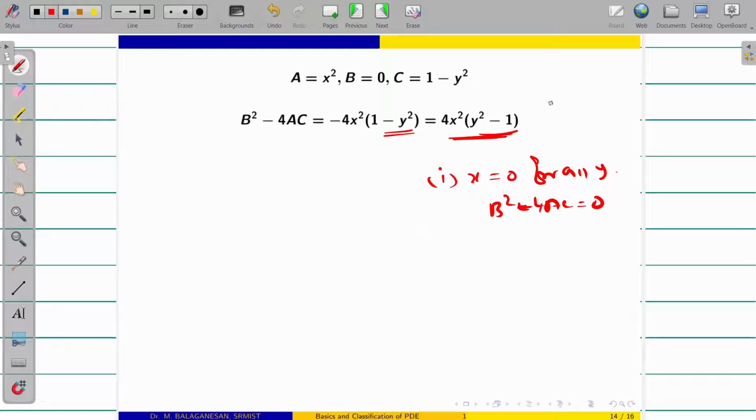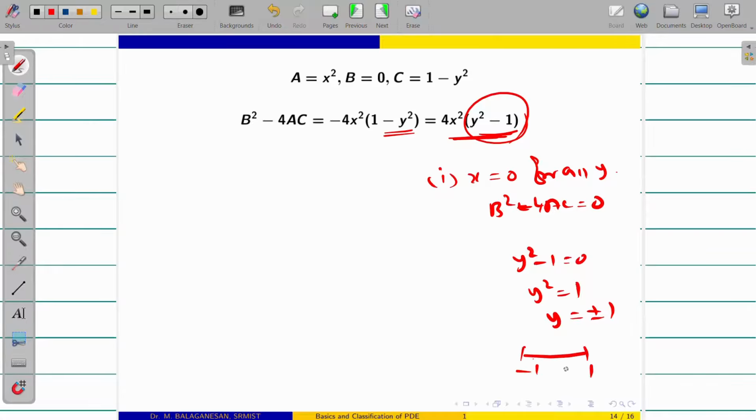And when you are classifying the other kinds, you have to talk about this point: y square minus 1 equal to 0. Then what about the y square value? 1. y equal to plus or minus 1. So if y lies between plus 1 and minus 1, what is going to happen? If y is greater than 1 or less than minus 1, what is going to happen? Do you remember? Is it clear?